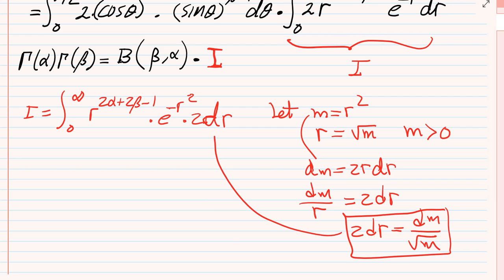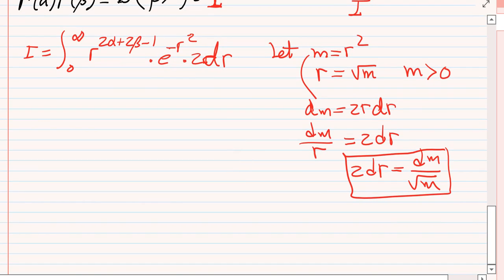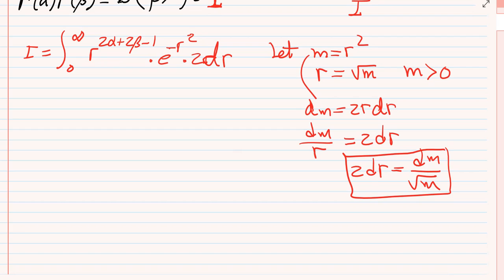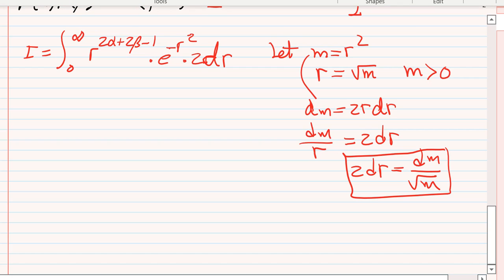We're going to need that in just a moment. And of course, the limits of integration are not changed, because when r is 0, m is 0. When r approaches infinity, so does r squared. Therefore, m approaches infinity as well.